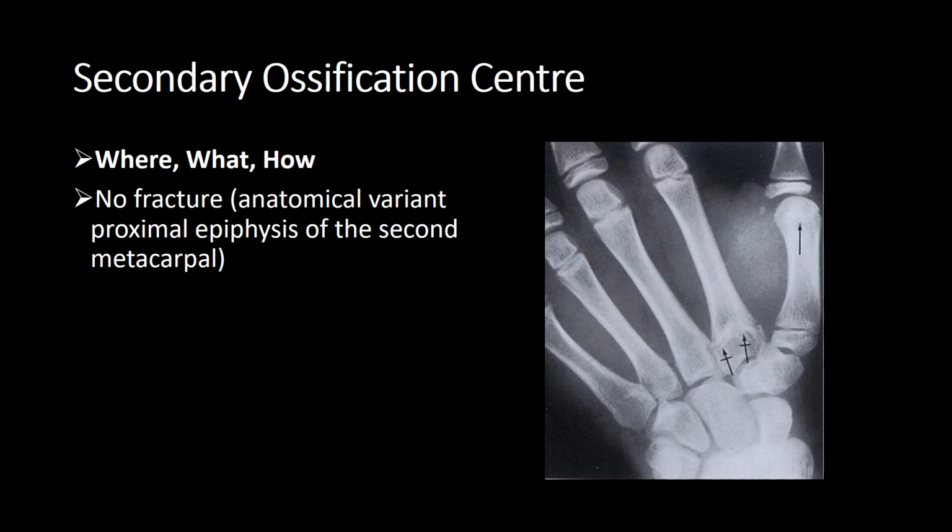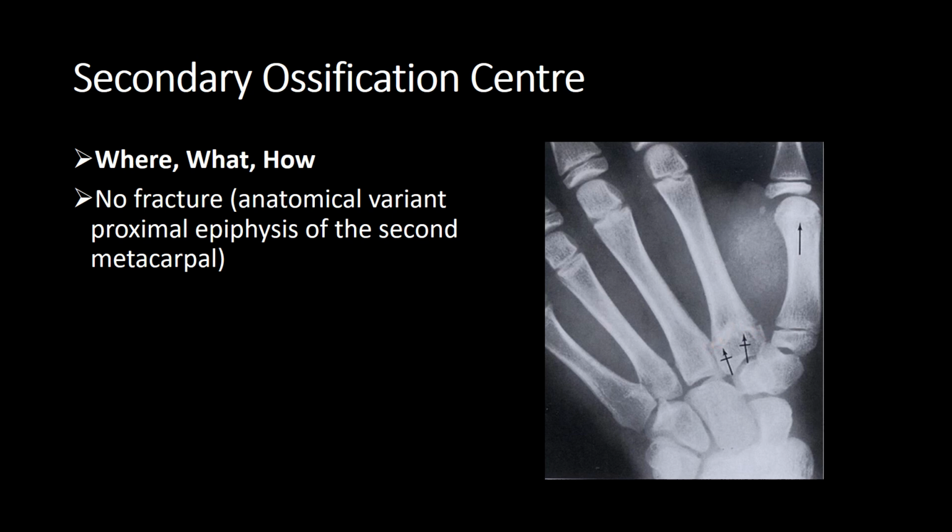Occasionally though, you may get a secondary ossification centre. In this particular example, it hasn't come up very clearly, I'm afraid, but there is a secondary ossification centre at the head of the first metacarpal and at the base of the second metacarpal.